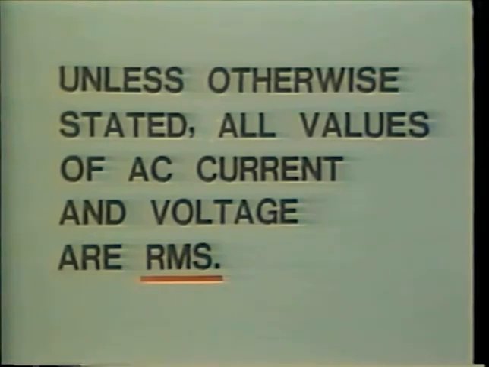For most practical work, the RMS values are really more useful than instantaneous or maximum values. Most common types of measuring instruments are calibrated to read RMS values. Again, all values of AC current and voltage are specified in RMS unless otherwise stated.